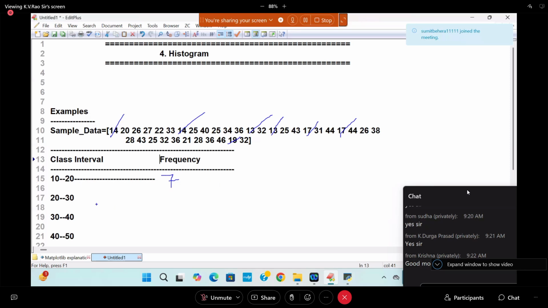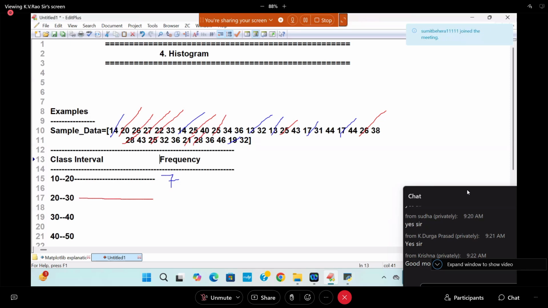Next, I will take a red line for 20 to 30. Start: 20, 26, 27, 22, 25, 25, 25, 25, 26, 28, 25, 21, 28.